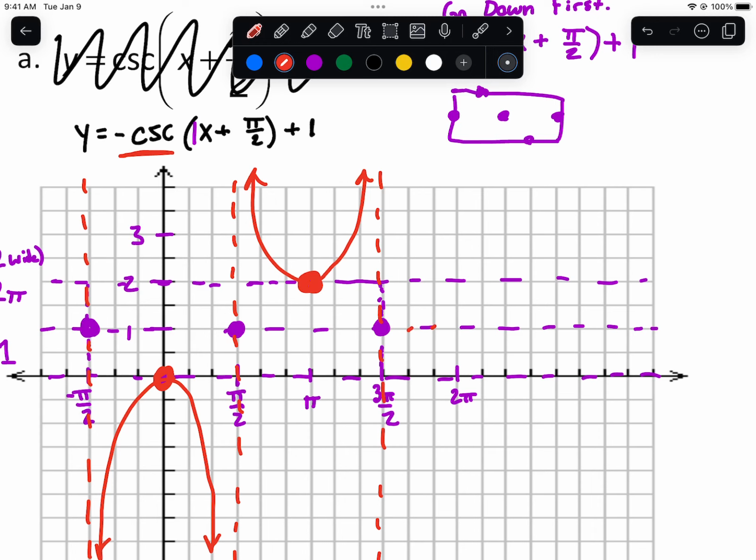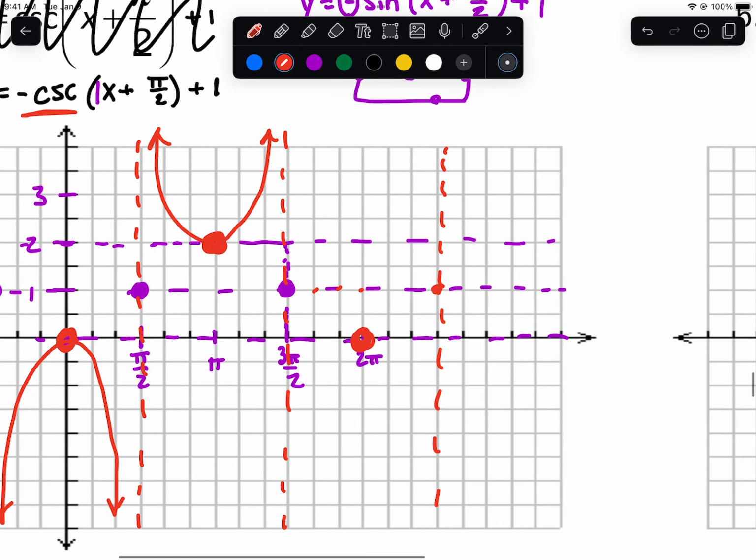Go 1, 2, 3, and then down 1, and there would be a min point. And then go over to the right, 1, 2, 3, and then up 1, and that should be another asymptote. And you can keep doing that all the way to the edge of the graph if you want, and get another period's worth.